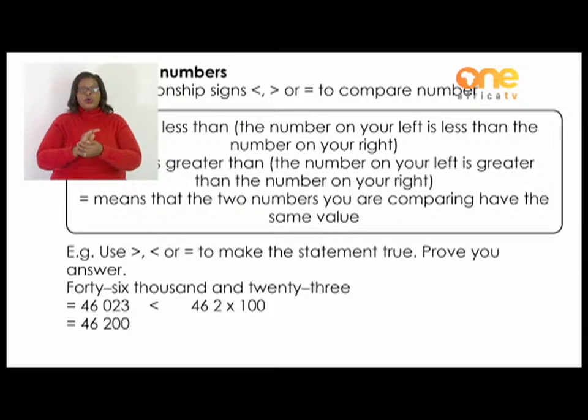Then there's an example below, where we need to use the signs to compare the statement. The example given there is 46,023 compared to 46,200. So the sign which is used there is smaller than.